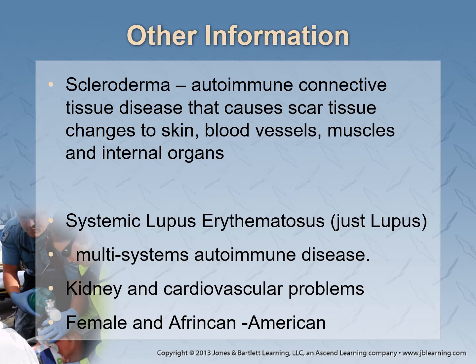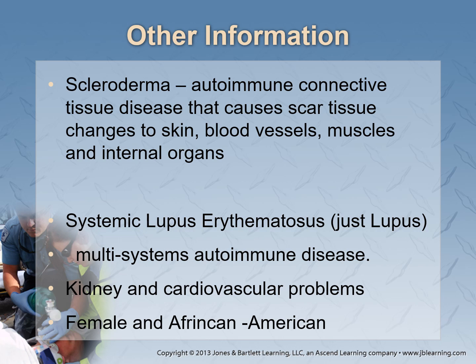And so other information, this is the last of it from the immune chapter, is scleroderma. It is an autoimmune connective tissue disease that causes scar tissue, changes to skin, blood vessels, muscles, and internal organs. That's about all you need to know about scleroderma. And then systemic lupus erythematosus.